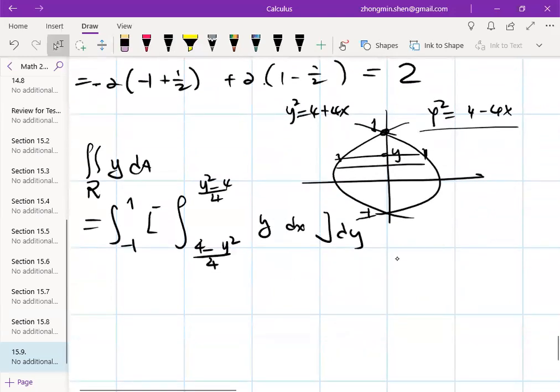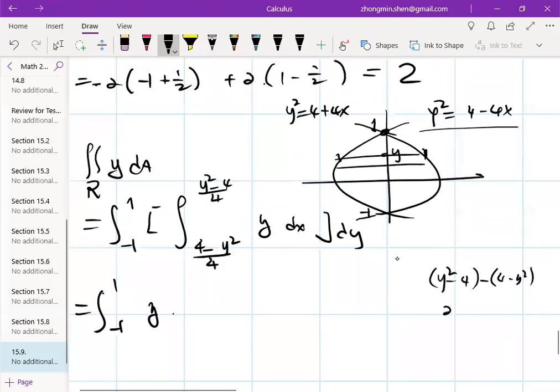All right, so what is the next step? Evaluate, and y is a constant. Take the y out, and take a difference of the 2. If you take a difference of these 2, y squared minus 4 minus y squared, I get 2y squared minus 8.